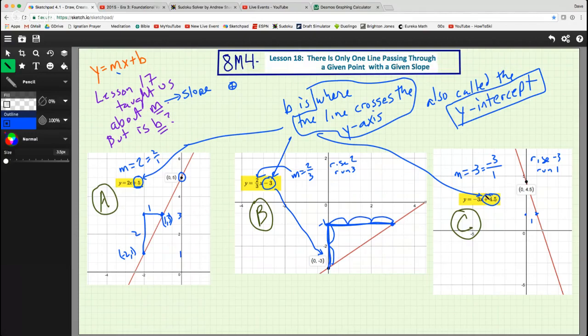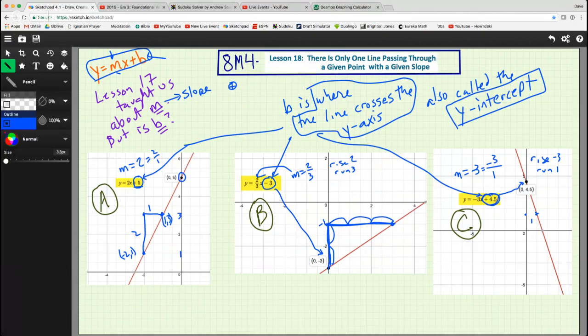Likewise, here we have a positive 4.5, so this line will cross the y-axis at 4.5. So now I think you're starting to see the power of y equals mx plus b format. This m and this b tell us a lot about these lines.